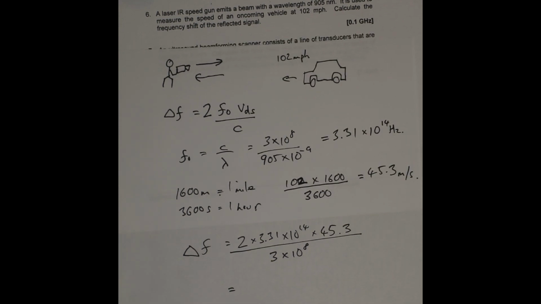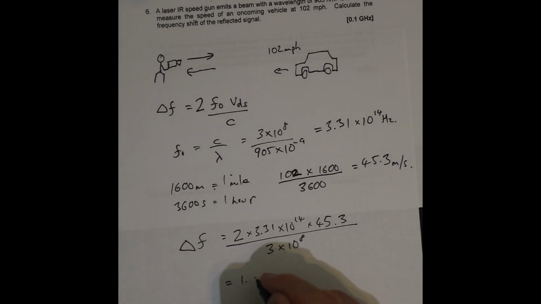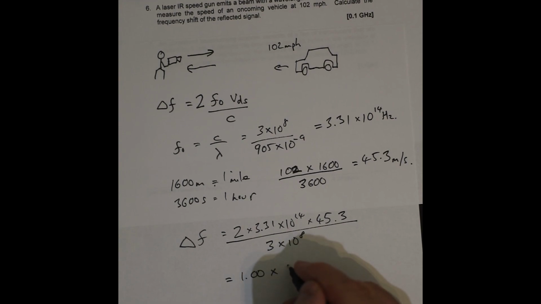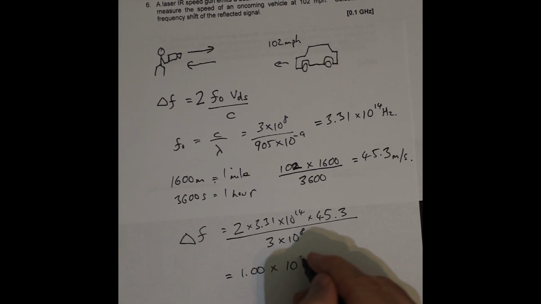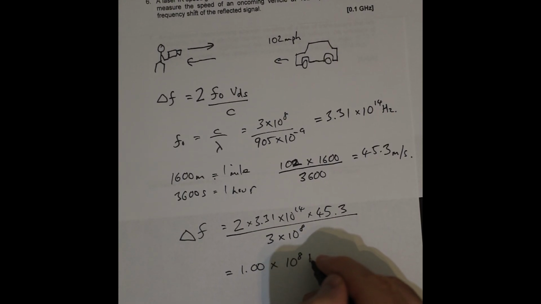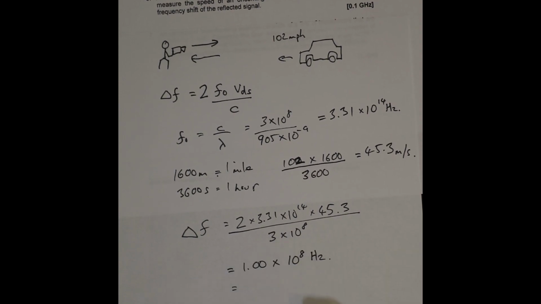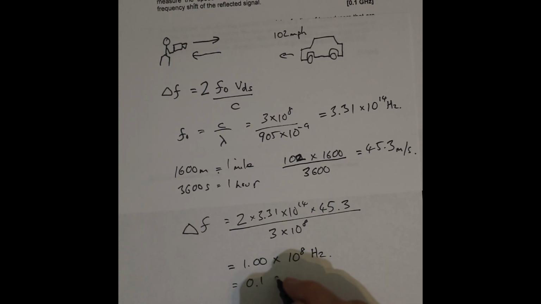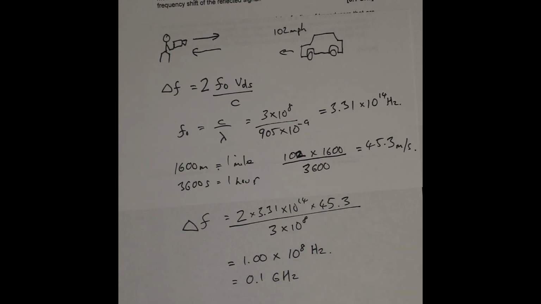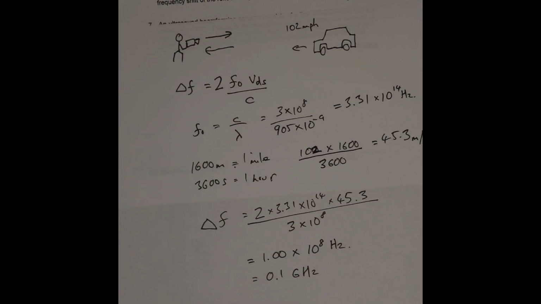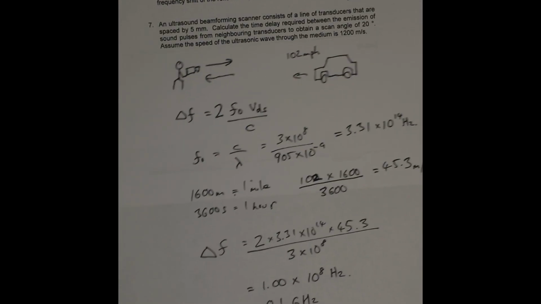And if we solve that, that equals 1.00 times 10 to the 8 hertz, which is equal to 0.1 gigahertz times 10 to the 9. Okay, so that's the solution to question 6.